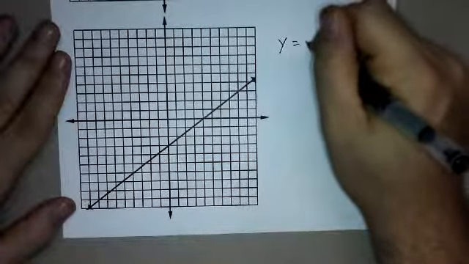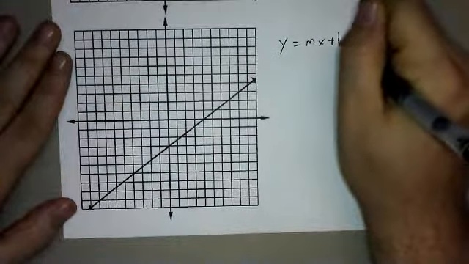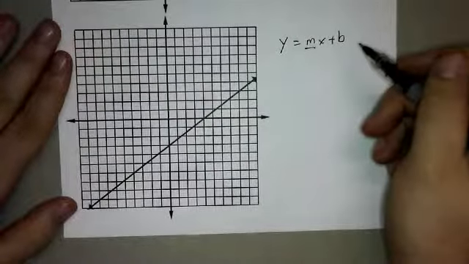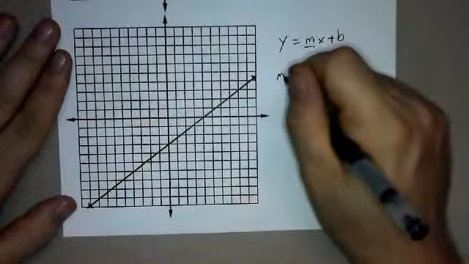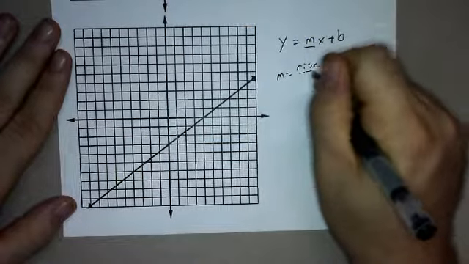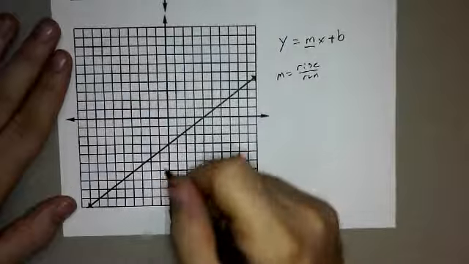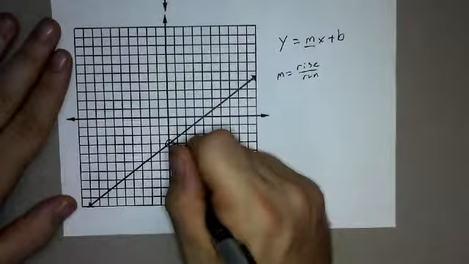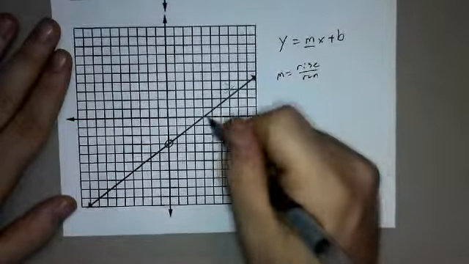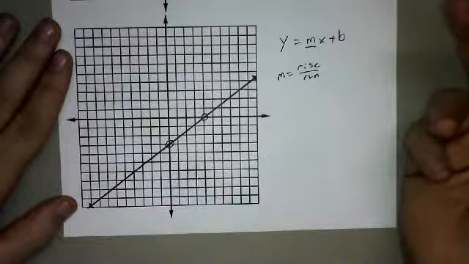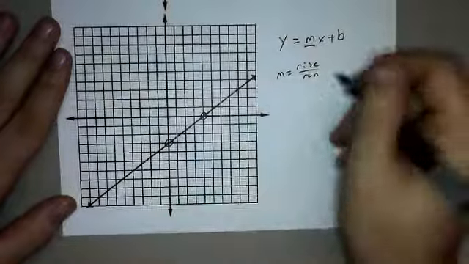So again, this is y equals mx plus b. And to find my slope, it's rise over run. Okay, and so I need to pick 2 points. Well, I like this one, and I like this one. These 2 points are obviously on my line, and so I chose them.